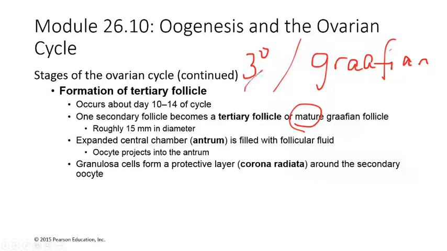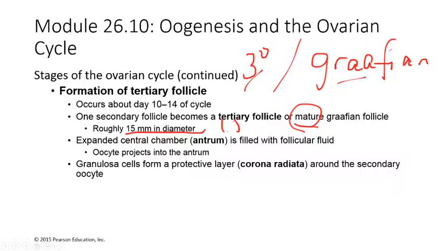So you'll hear it called tertiary, mature, or Graafian, or mature Graafian. All of them are the same thing. And these are quite large, 15 millimeters in diameter. So that is what, 1.5 centimeters. So we're talking about something that is rather large.